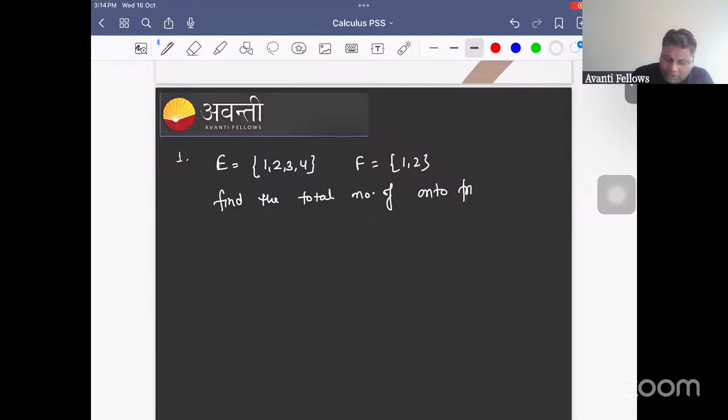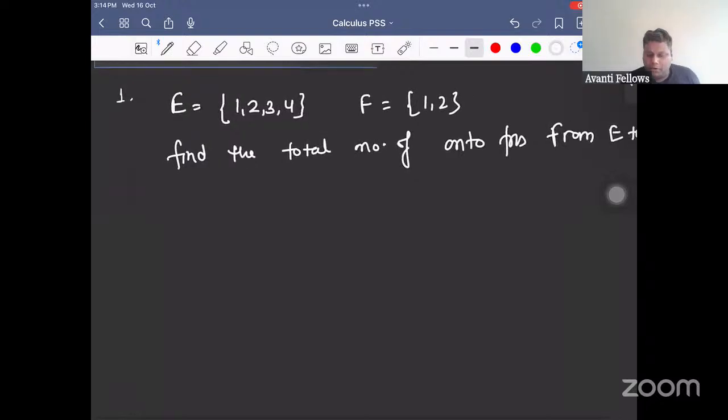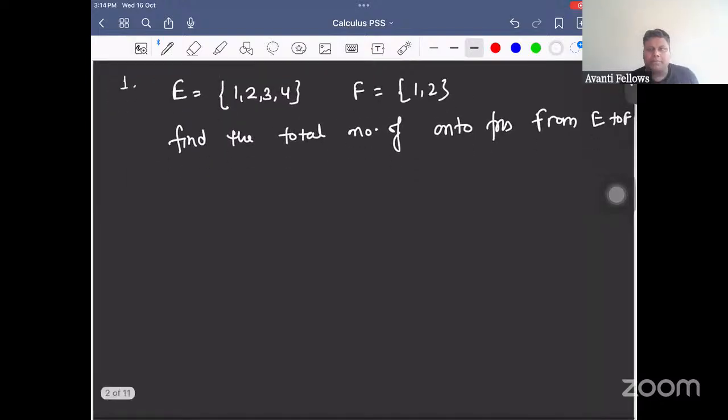Find the total number of onto functions from E to F. How to do it?